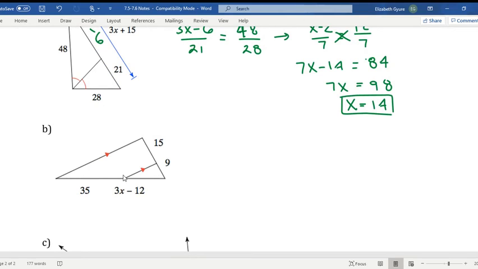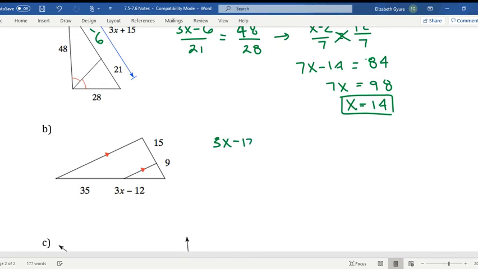We have our parallel lines, which means our sides get split up proportionally. So again, several different good ways to set this up. For example, I have a tendency to start with the part I don't know, so that would be this little part here.